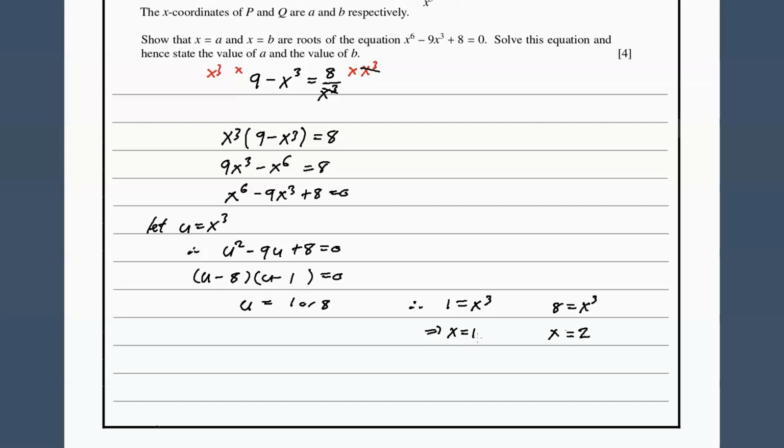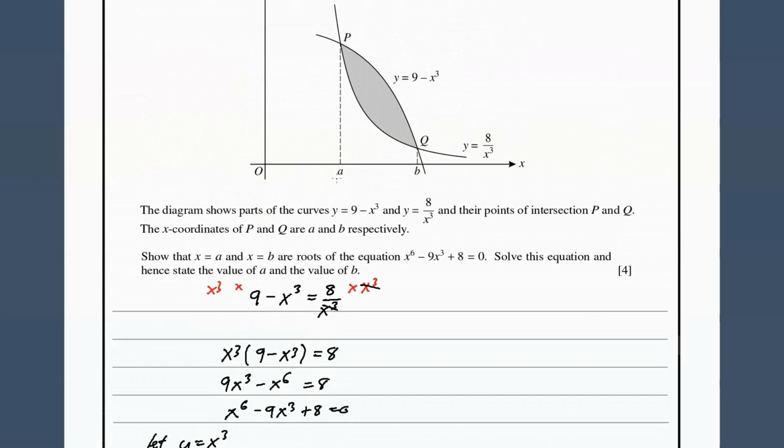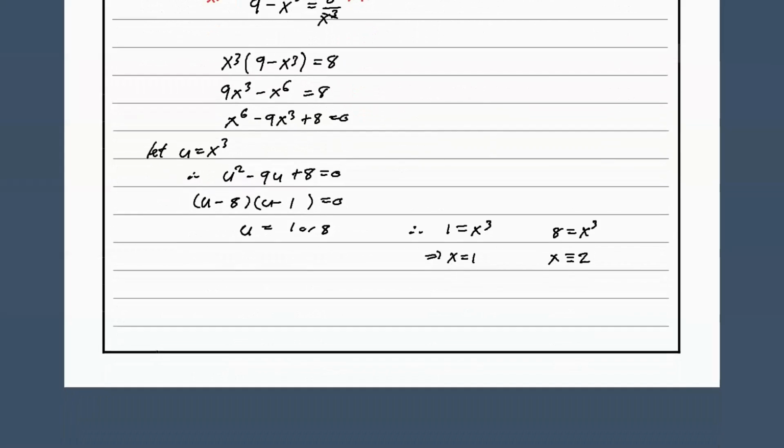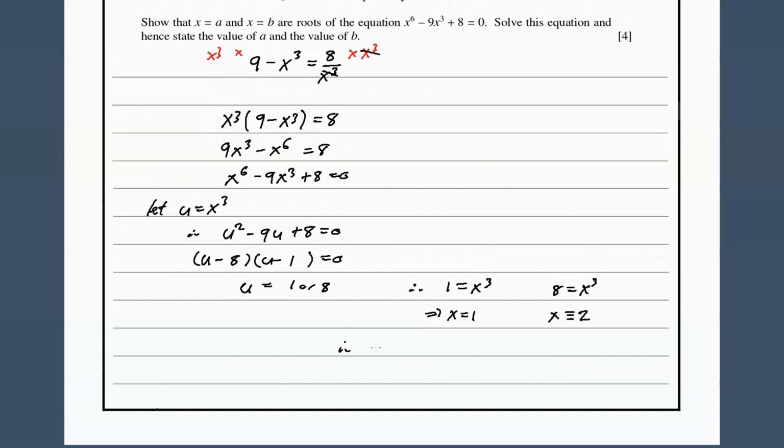So x is 1 or x is 2. Right, so for the values of a and b, the smaller one is A and the bigger one is B. So for these two x values, we can therefore say that A is 1 and B is the bigger one, so B is 2. And these two are the solutions. And that's essentially how we do it.